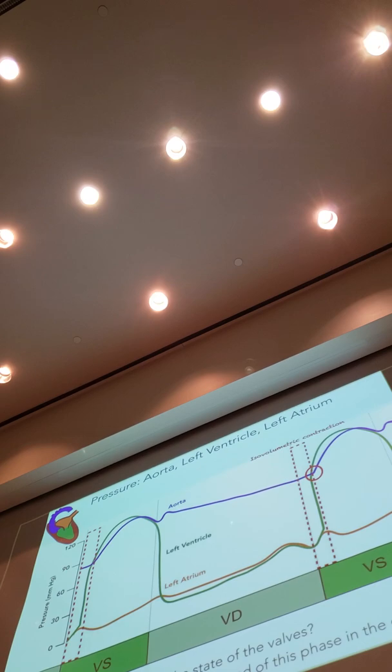In my little diagram on the upper left, the pressure here is greater than the pressure out here. So we have more pressure in the ventricle than in the aorta.